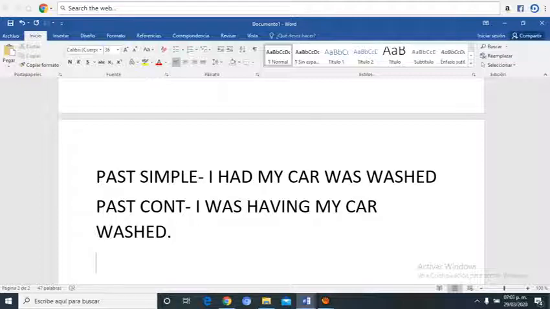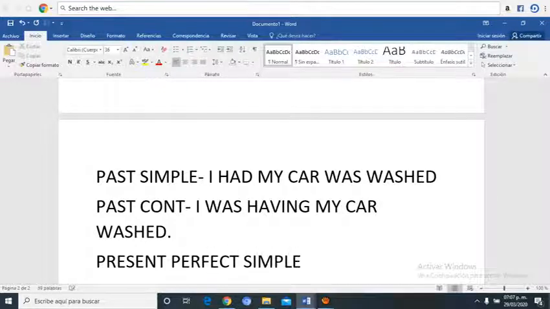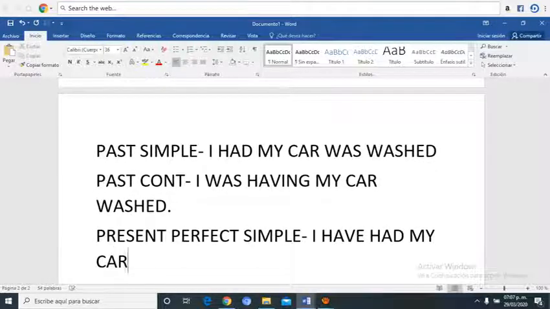Now, in present perfect simple. The same sentence, guys. How could it be? Well, in this case, it would be I have had my car washed. Okay?